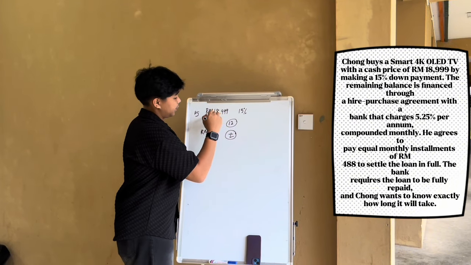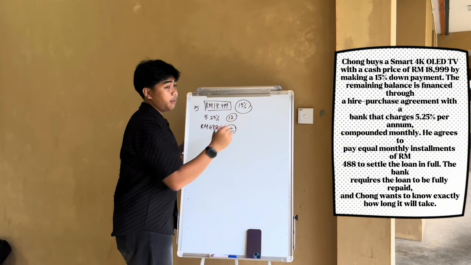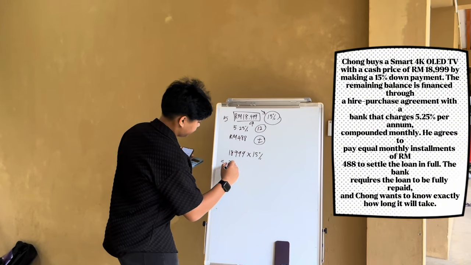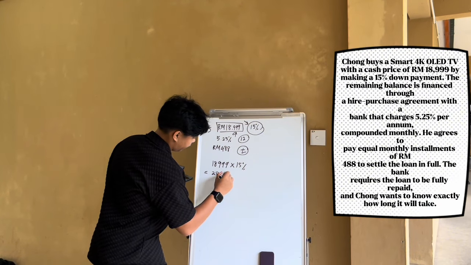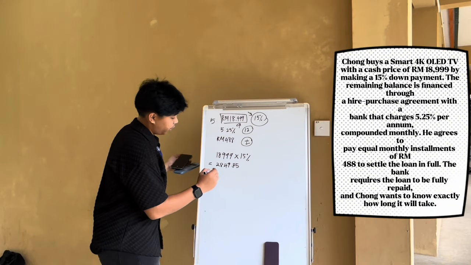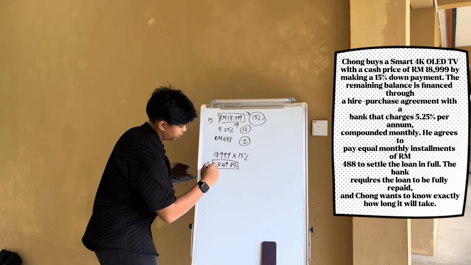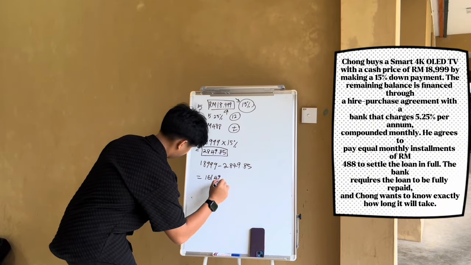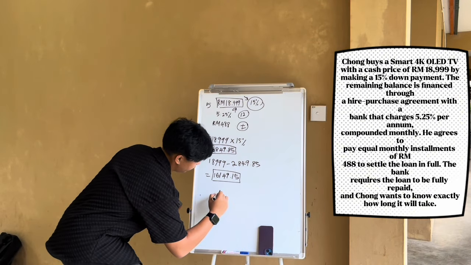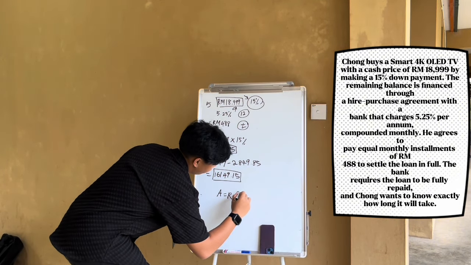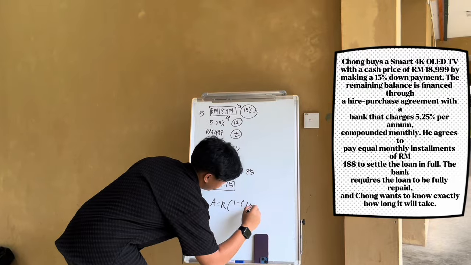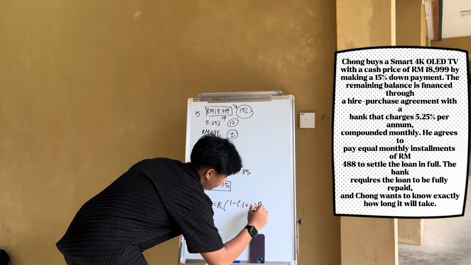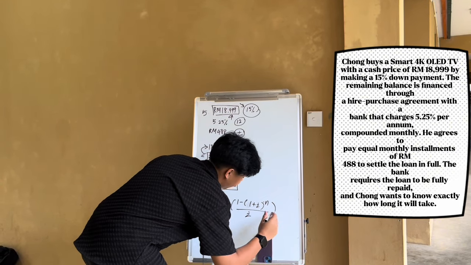We need to multiply this one with 15% because of the down payment. So we get 2849.5. We need to minus this with this. The answer will be 16149.15. A equals to R times 1 minus (1 plus I) to the negative n, divided by I. Insert all the information they have given.